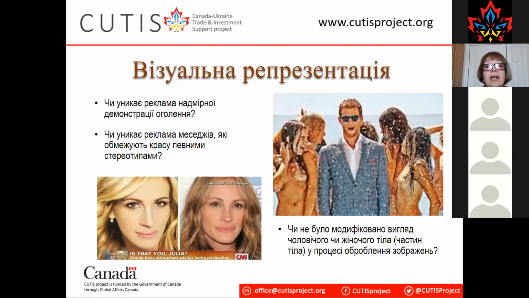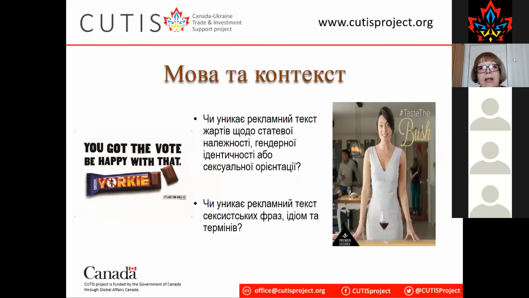On the right, you see a picture that goes against the main regulations, whether it avoids nudity, whether it avoids the overall principle, and it actually makes the depiction of women undermining. Then language and context: whether the advertisement avoids jokes on sex, sexuality, or stereotypes.